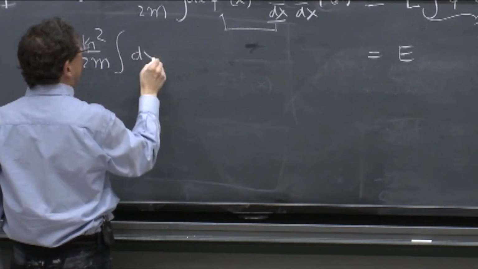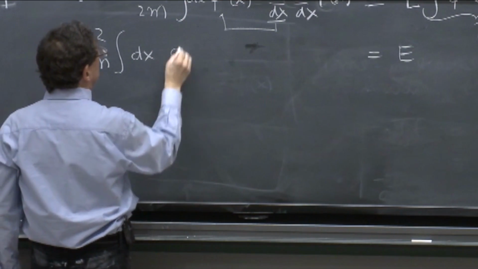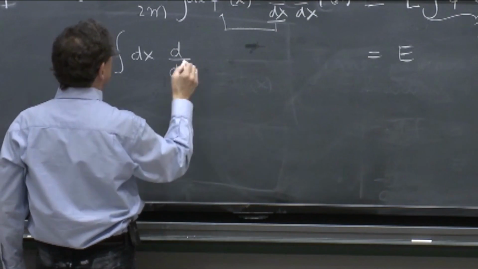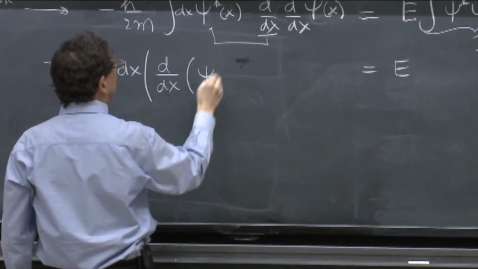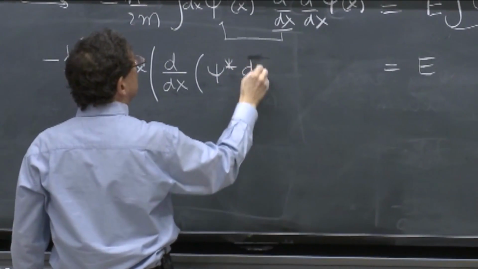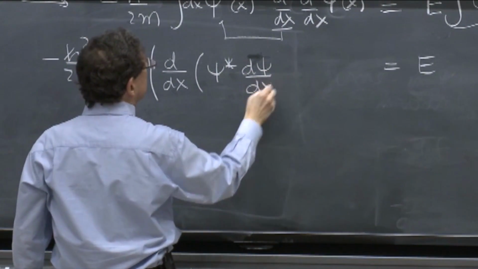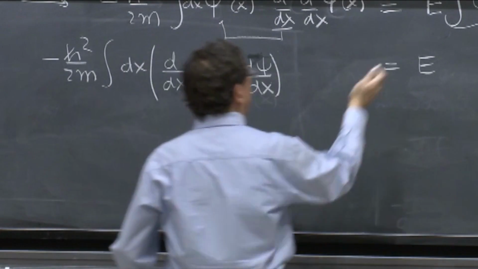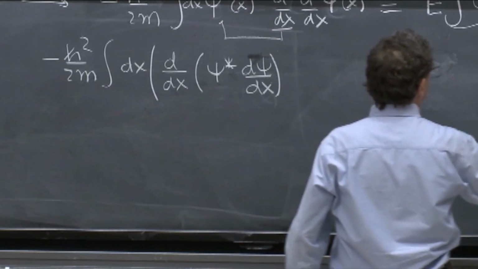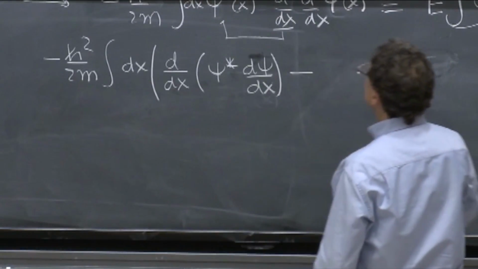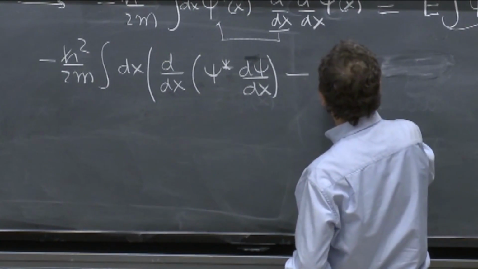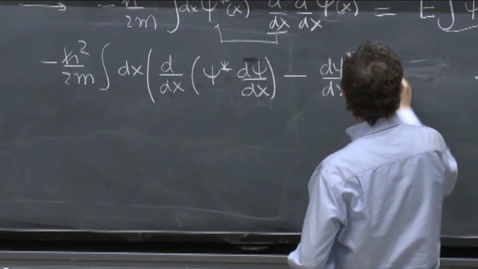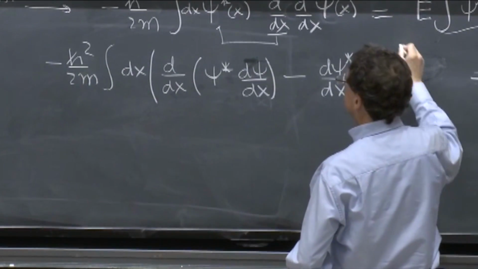You can put dx. This is equal to d/dx of psi star d psi dx minus d psi star dx d psi dx.